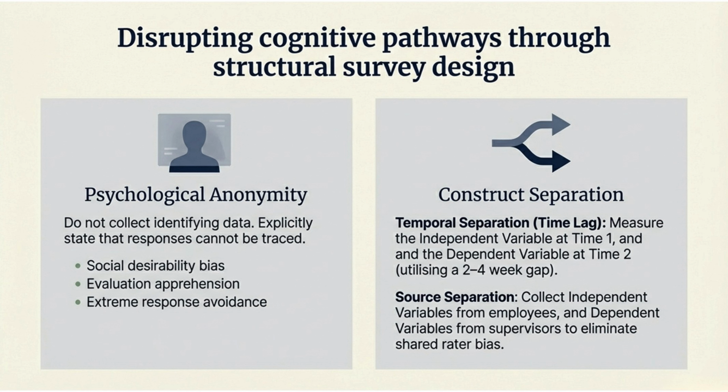That is a time lag design. Even a 2 to 4 week gap reduces the consistency motif. And normally the limitations here are that it requires recontact, and anonymity may become challenging, because you have to go to the same person at time 2 and collect the data. So anonymity is lost, and that is a limitation.